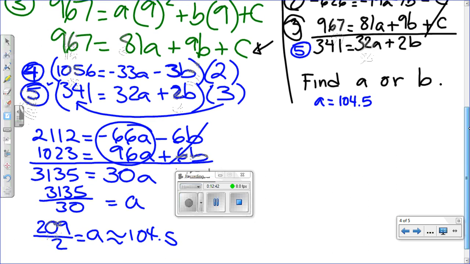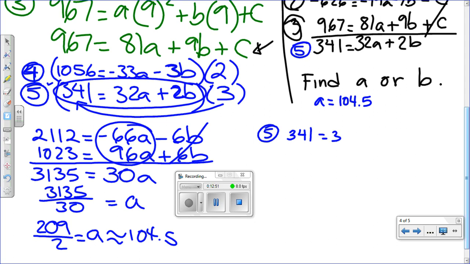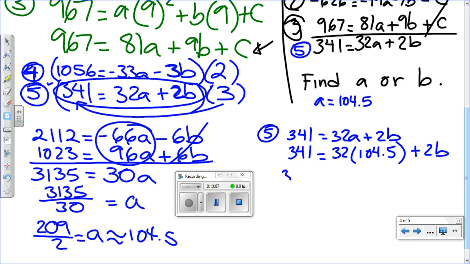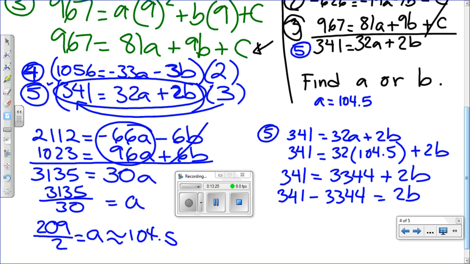And so let's say that we choose equation 5 right here. So I'm going to copy it, 341 is equal to 32a plus 2b. So if we substitute here and say 32 times 104.5 plus 2b. And so we're solving for b, so we're going to have 341 is equal to 3,344 plus 2b. So we will have 341 minus 3,344, that's equal to positive 2b.